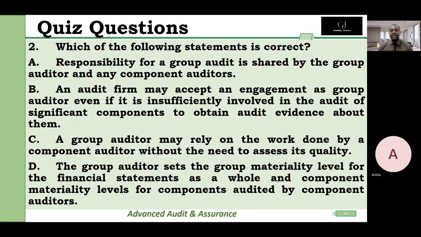C, a group auditor may rely on the work done by a competent auditor without the need to assess its quality. D, the group auditor sets the group materiality level for the financial statements as a whole and the component materiality levels for the components audited by component auditors. Make your pick.